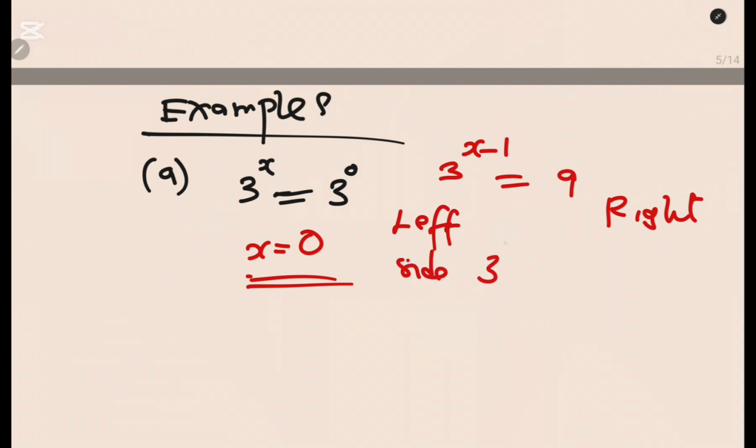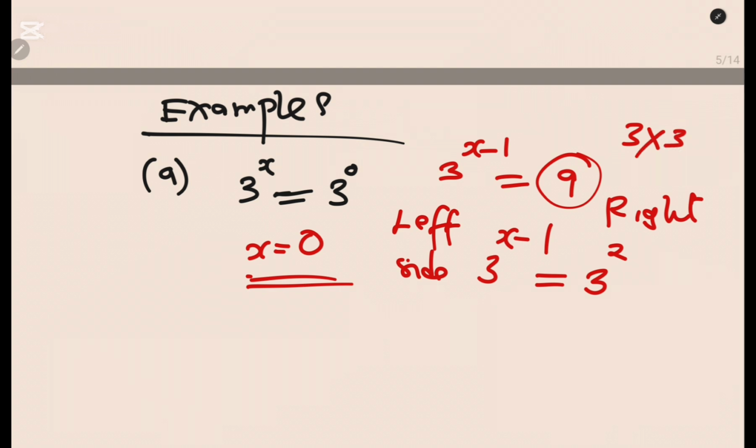So here we have base 3 with x minus 1, and since 3 as a base is smaller, we are going to convert 9 to base 3. 9 to base 3 is just the same as 3 to the power 2. 3 to the power 2 is 3 times 3, which is just the same as 9.